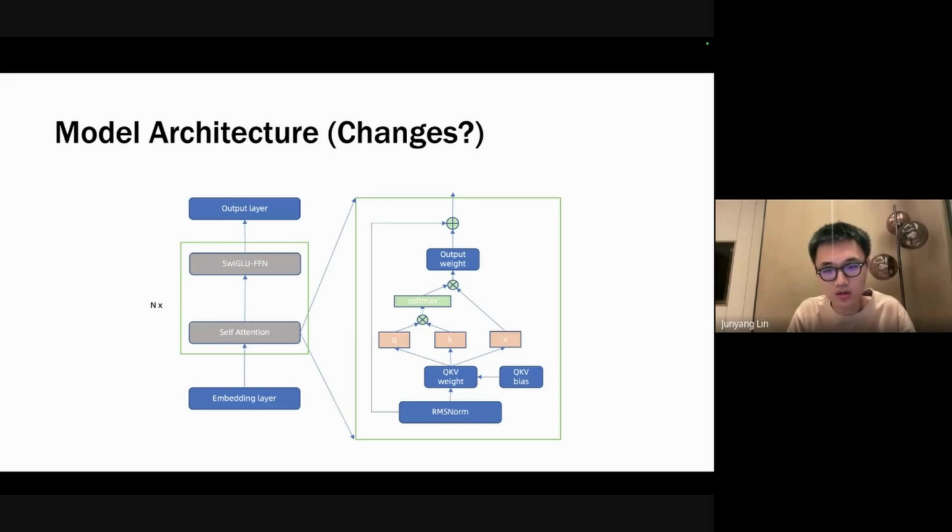I can share the details. For example, if you believe that the training is actually unstable, but you are using BF16 to train the model, most of the time, if your model is not too large, like over 100 billion parameters, it is really, really stable. For us, at over 100 or 200 billion parameters, it is a bit unstable. So you actually do not need things like NormFormer or Magneto.